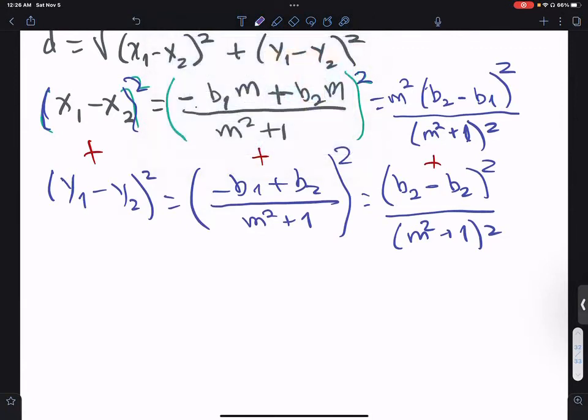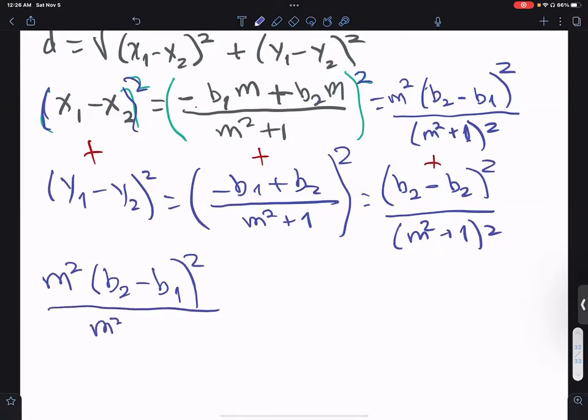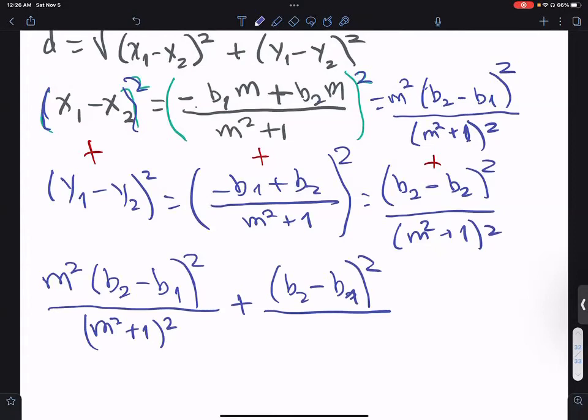Let's write the whole thing: m squared b2 minus b1 squared divided by m squared plus 1 squared, plus b2 minus b1 squared over m squared plus 1 squared.